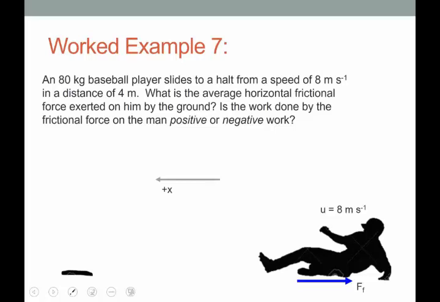Is the work done by the frictional force on the man positive or negative? Okay, again, we have a simple diagram to illustrate the situation. Since the man is sliding towards the left, friction exerted on him will be towards the right.